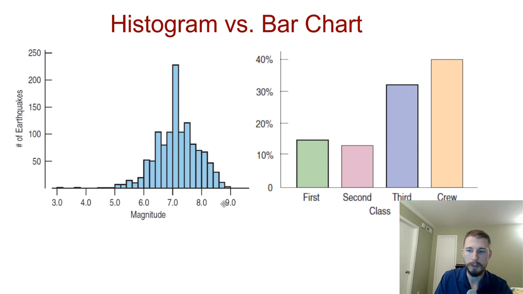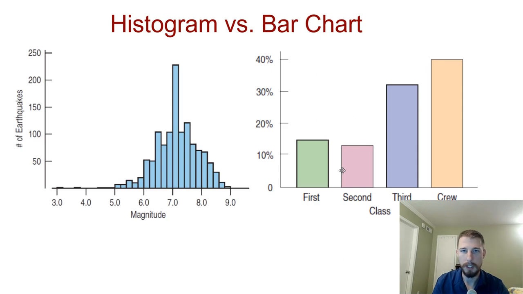One of the differences you might notice is that in categorical data with bar charts, we have gaps between the actual bars. These gaps tell us that these bars are not related to each other. When we had side-by-side bar charts, graphing, let's say, male and female for first class, those two were related to each other, so we would make them touching.